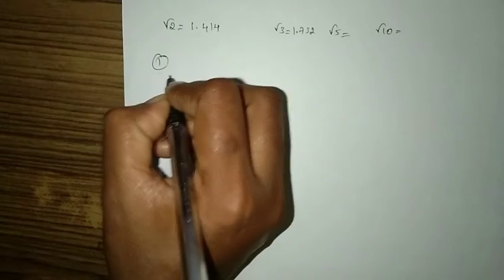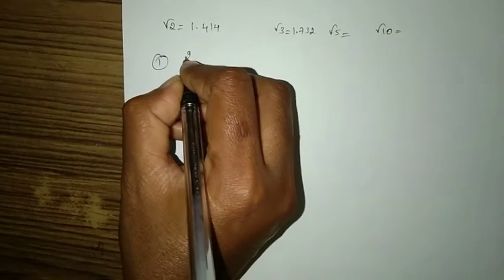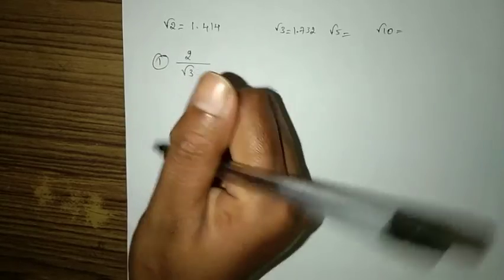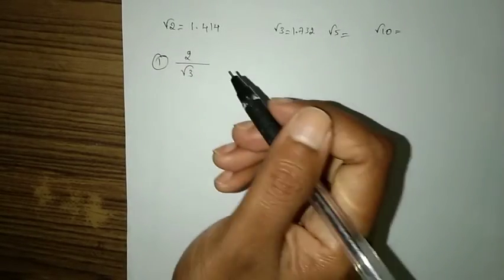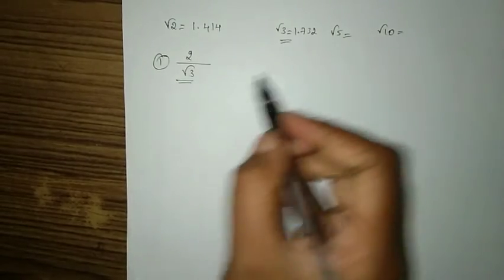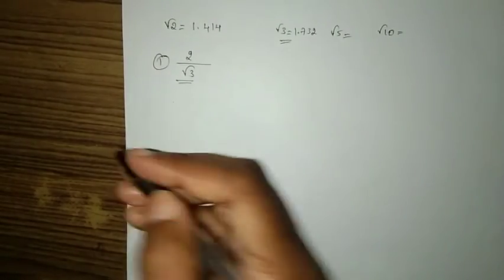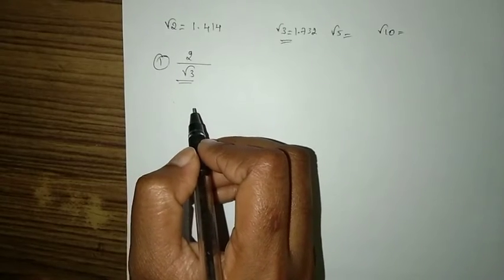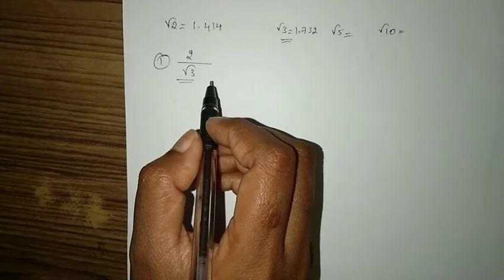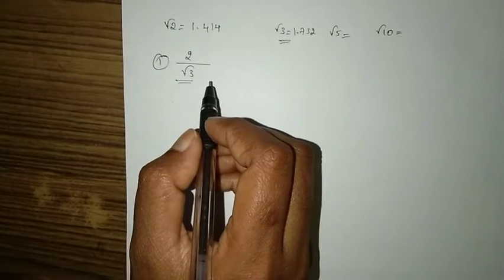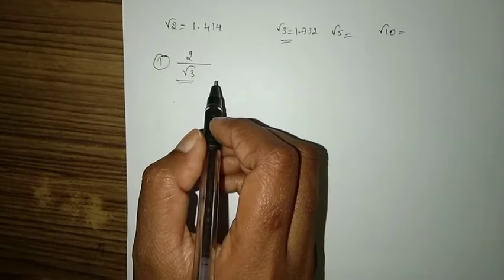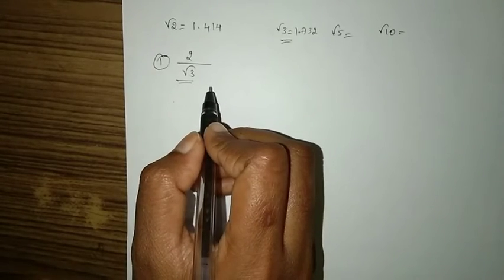The first problem they have given is 2 divided by root 3. How can we solve this? If you apply the given root 3 value directly, this will take many steps and time. So how can we do this? We already know rationalization means eliminating the root or cube root in the denominator.